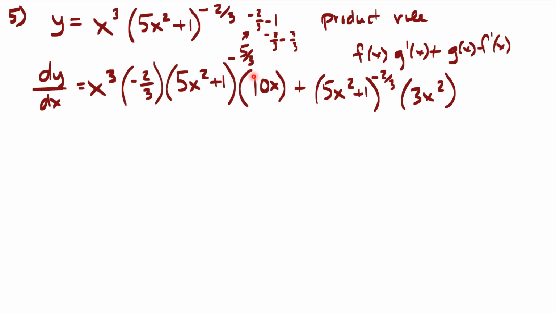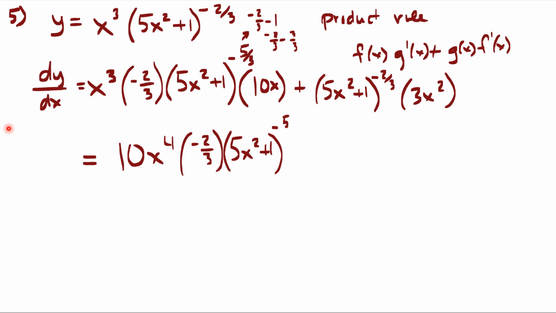So first things first to simplify, this right here and this need to be simplified. But let me do it in 2 steps, just so we see it. So 10x times x to the third will give us 10x to the fourth, with the negative 2/3 exponent, and then everything else remains the same. For the function on the other side of the plus sign, all we're going to do is bring the 3x squared in front, but everything else remains exactly the same there.